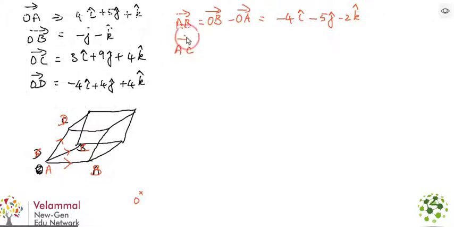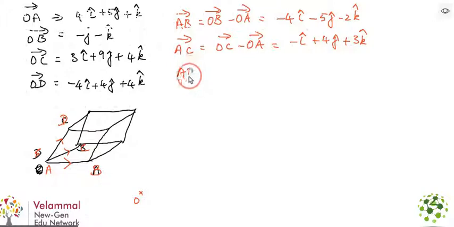What is AC? AB, AC, AD. Be very careful. You cannot do AB, BC, CD. Always it should start from a point: AB, AC, AD. When it is named as O, it is OA, OB, OC. I am telling this repeatedly because you should concentrate. OC minus OA is nothing but minus i plus 4j plus 3k.